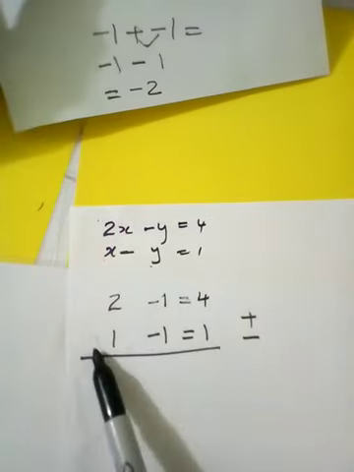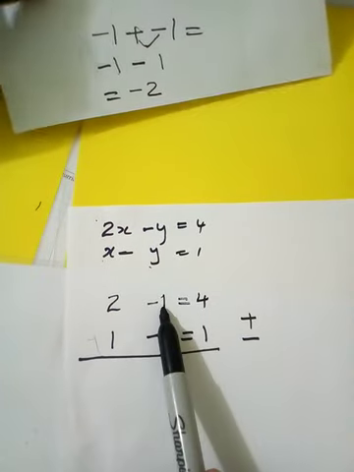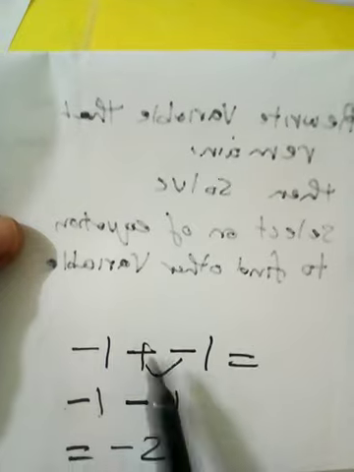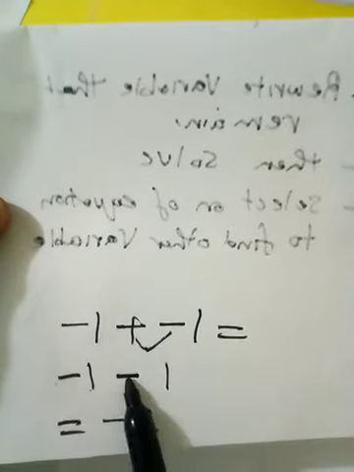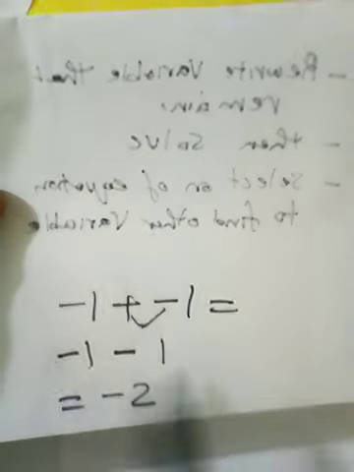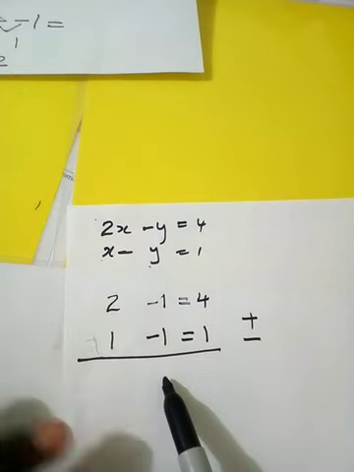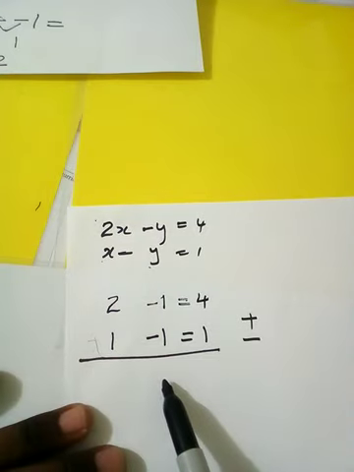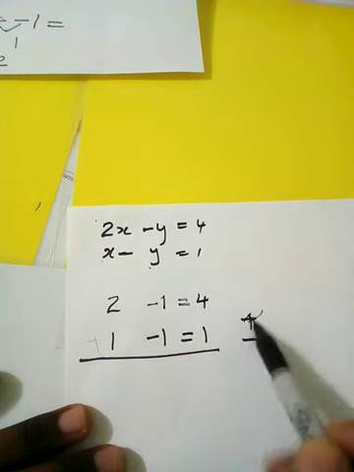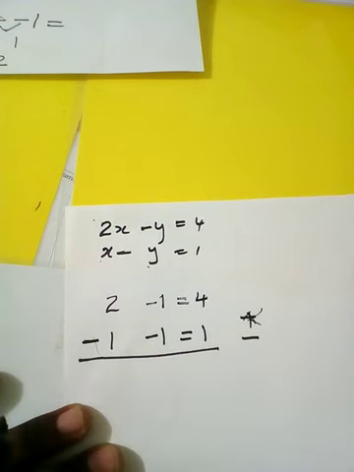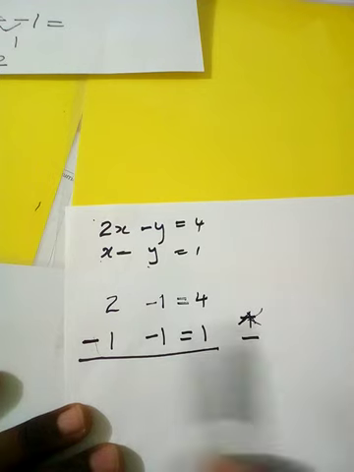If I put a positive sign here and say -1 plus -1, if I write it horizontally, I see it better. I realize that I need to change the two signs to 1, which I multiply together, and then I say I owe 1 and I owe 1. So I would not get 0, and the aim of eliminating is getting 0. That means the plus sign cannot work here. So if it's not plus, then automatically it's minus. 100% sure.